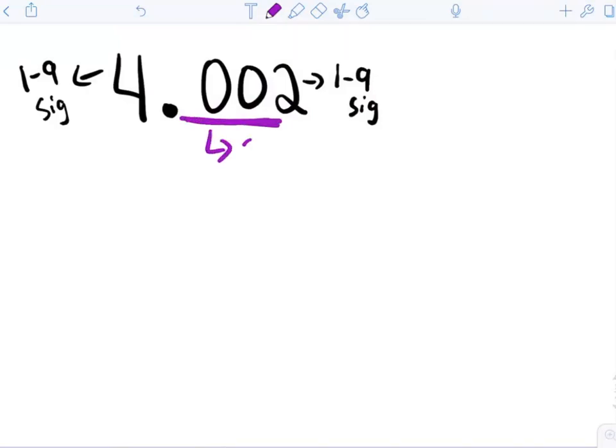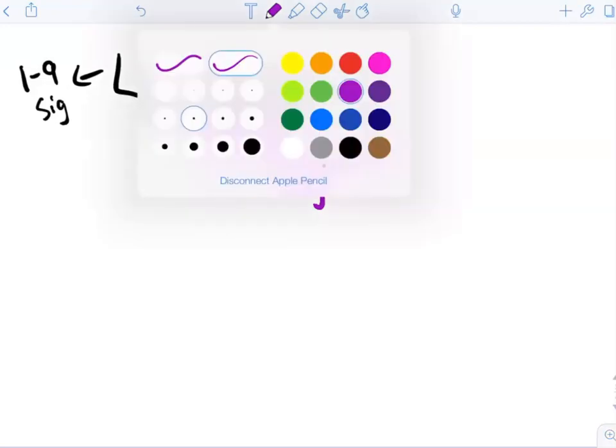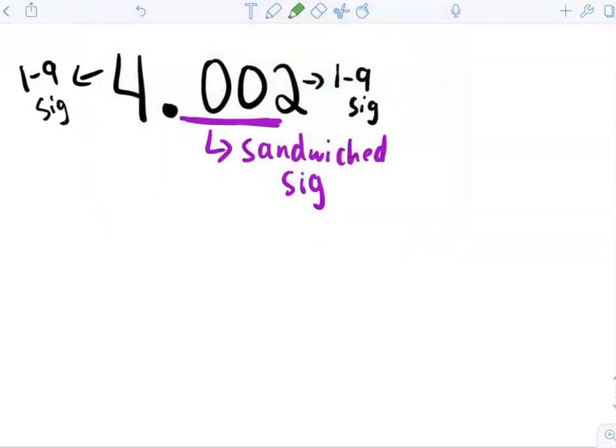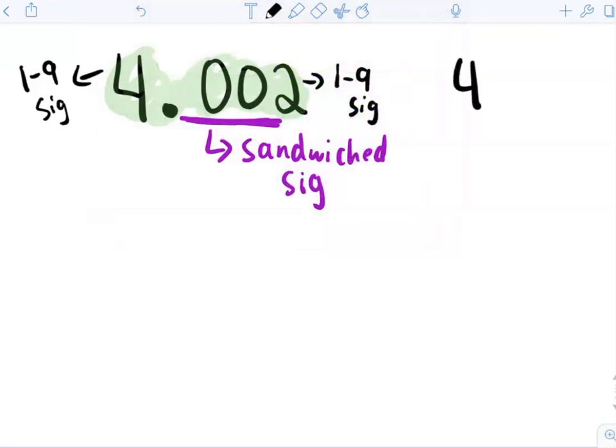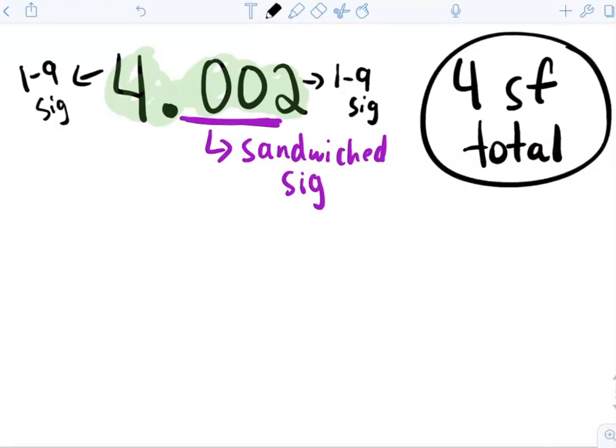So they are still going to be significant. So that decimal does not change anything in this case because those zeros are still stuck in between our 1 through 9 numbers. So we're going to have 4 sig figs total, and you can abbreviate sig figs with SF.